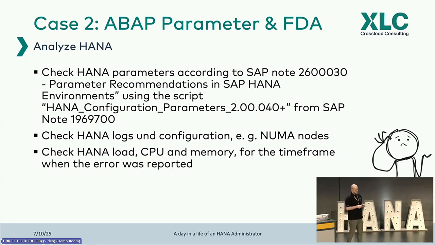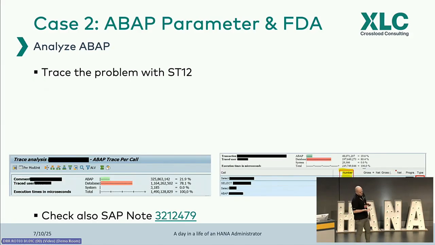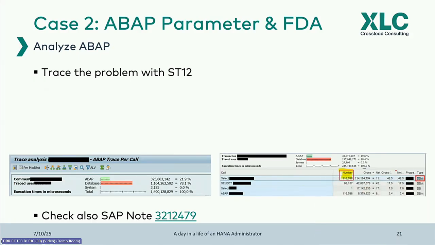Then we also executed a time frame report. The problem for us was that no issues were found. So the parameters were fine, the configuration was fine, there was no NUMA misconfiguration, so no problems from a HANA configuration or infrastructure perspective. In the next step, we started to analyze the problem on the ABAP layer.